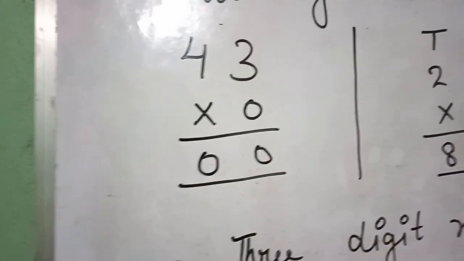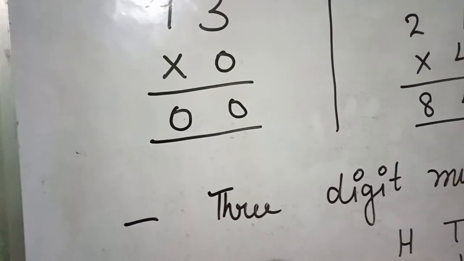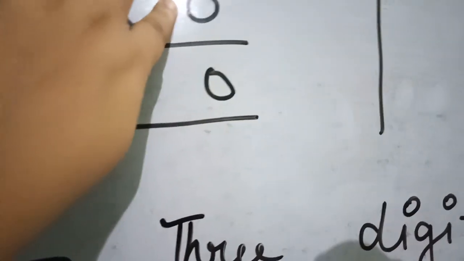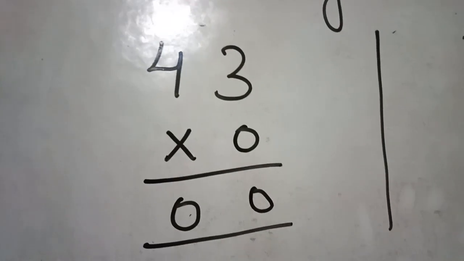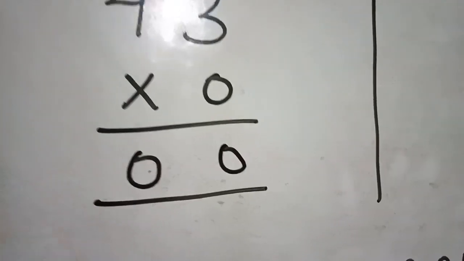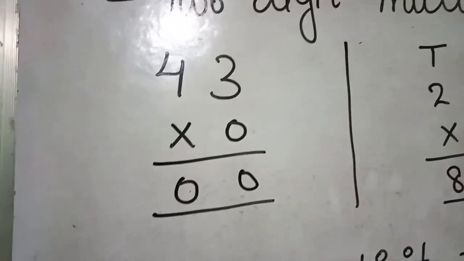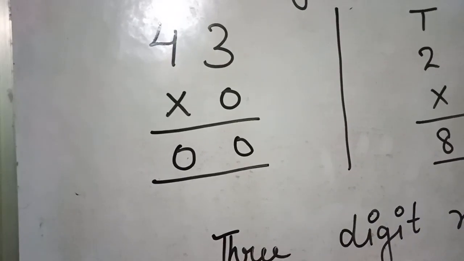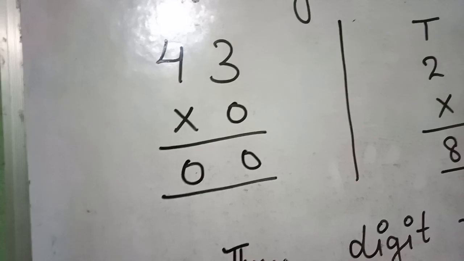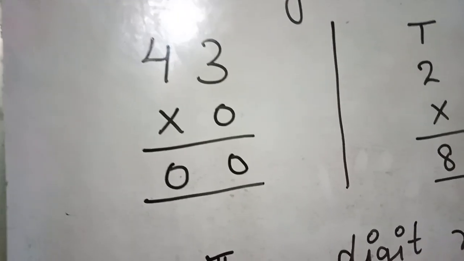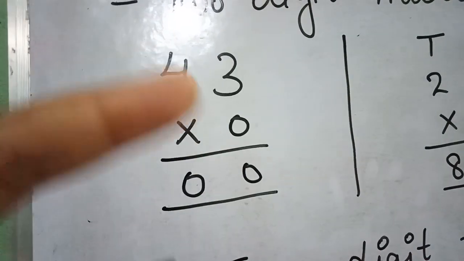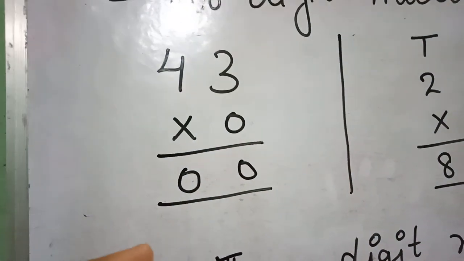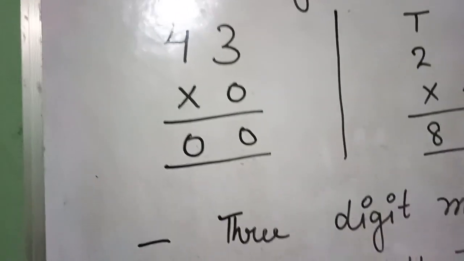Firstly, we are going with the multiplier 0. The multiplicand is 43, 0 is the multiplier, and the product is 0. As I said earlier, whenever we multiply 0 with any number, we get 0. So 0 3s are 0, 0 4s are 0, so the answer is 0.